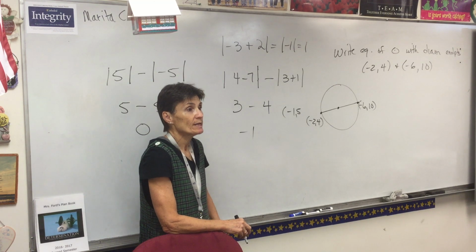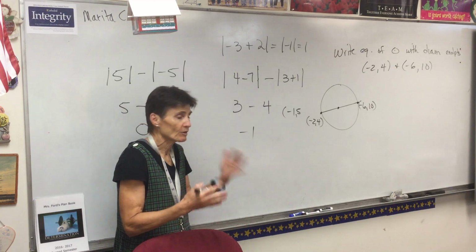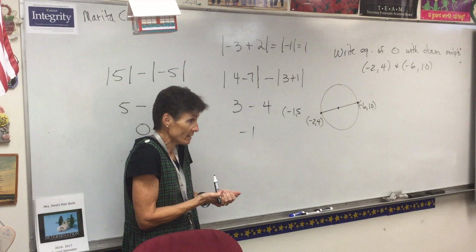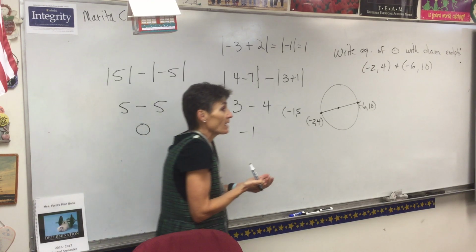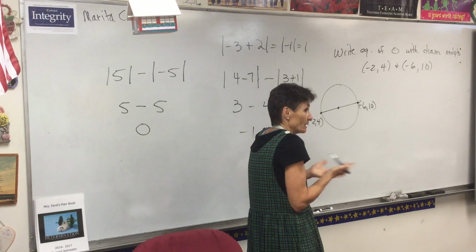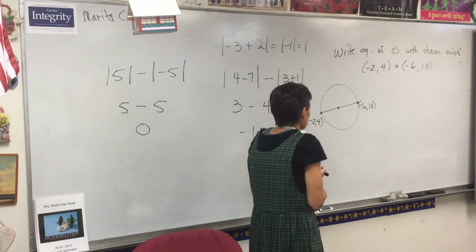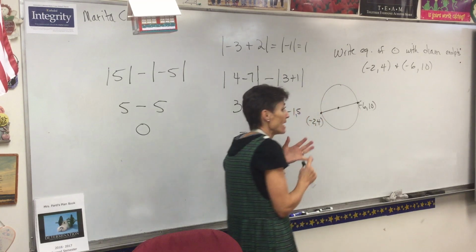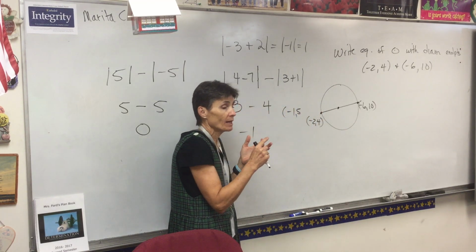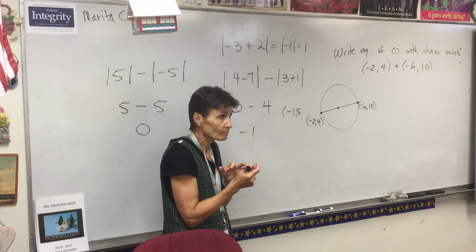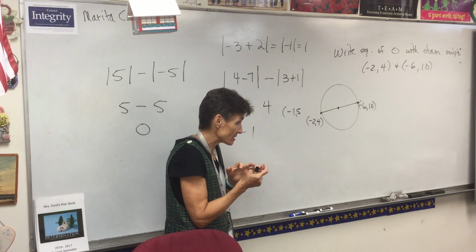So the first thing we need to do, though order doesn't really matter, is find the middle point. And to find the middle point, we find the average. Middle is average. And so we average our x's. -2 plus -6 is -8.